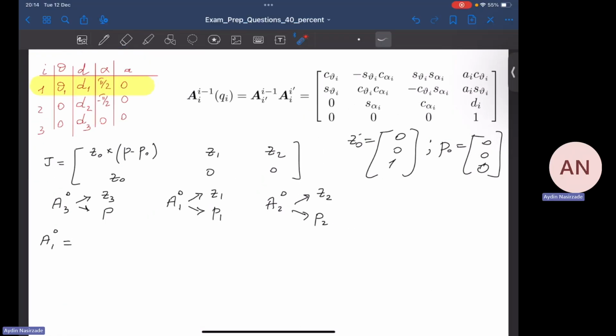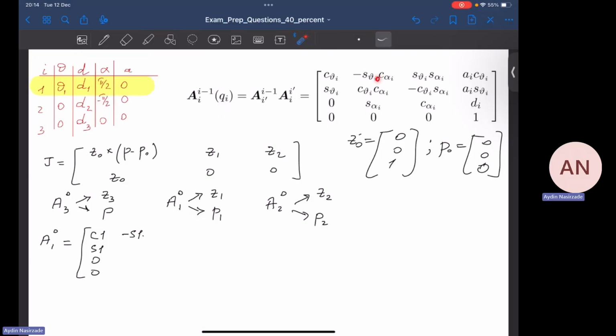Now let's try to do it. Now what do we have? A 4x4 matrix. Instead of theta I, I can write theta 1 itself, right? So cosine of theta 1, then sine of theta 1, 0, 0, minus sine of theta 1 times cosine of alpha 1. What is alpha 1? Pi by 2, right?